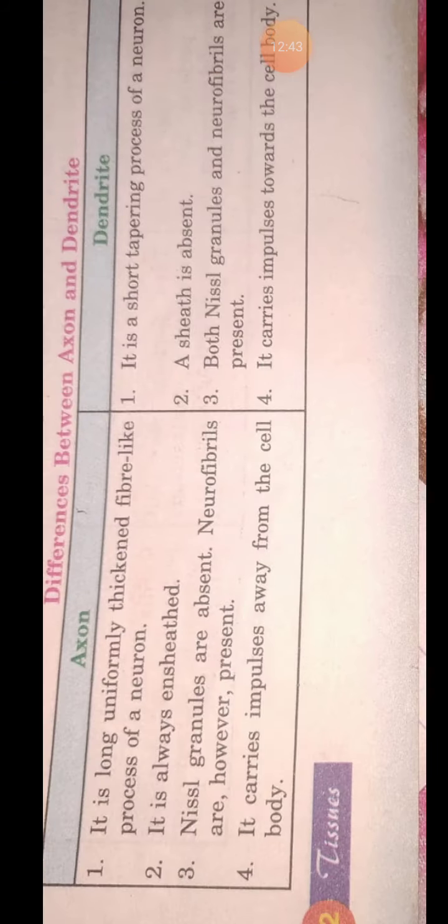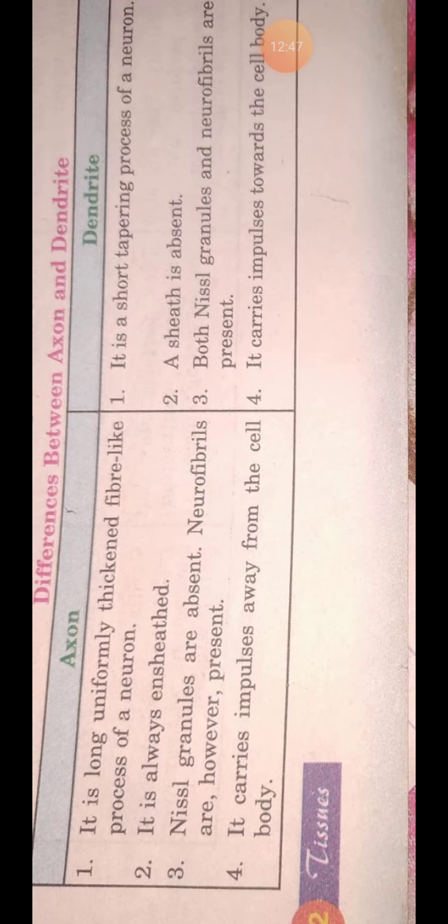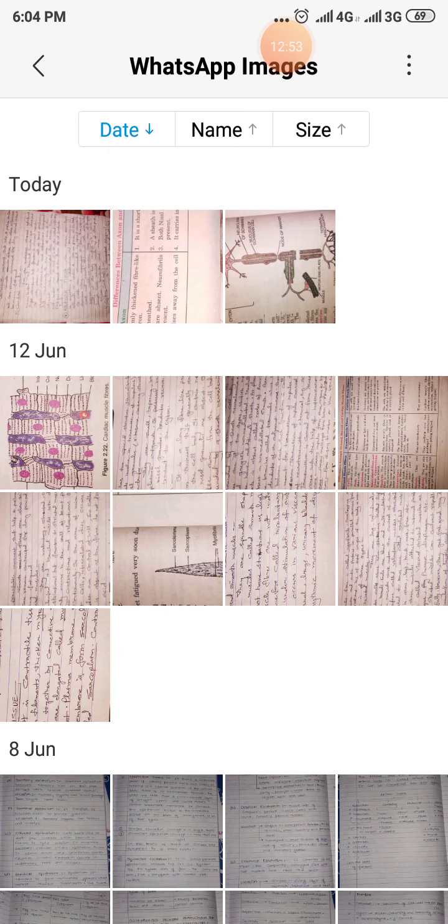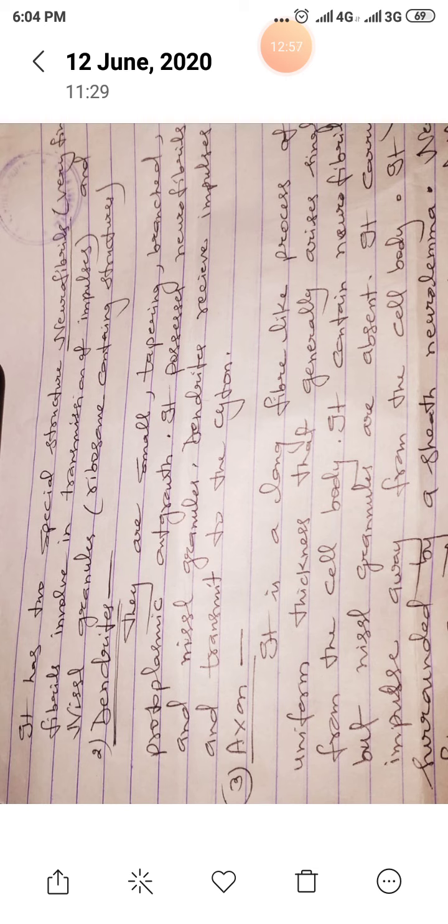It is the polygonal, broader, nucleated part of the cell, having different types of cell organelles except centrosome.